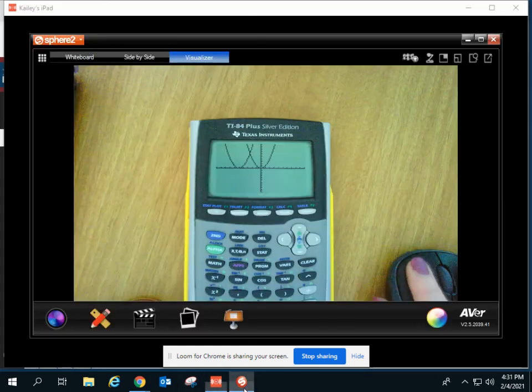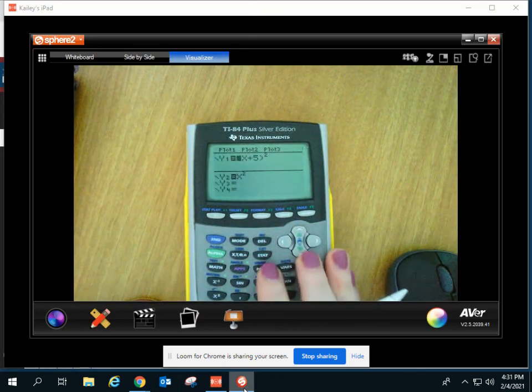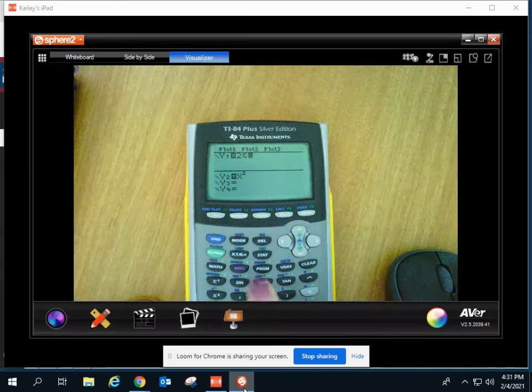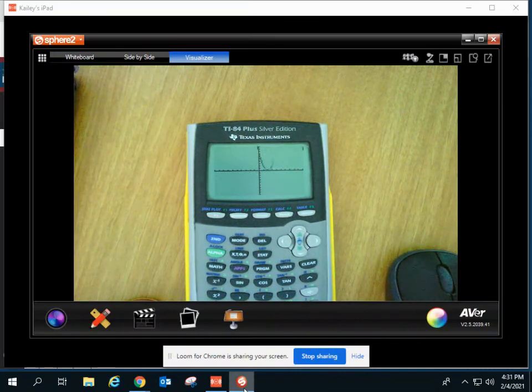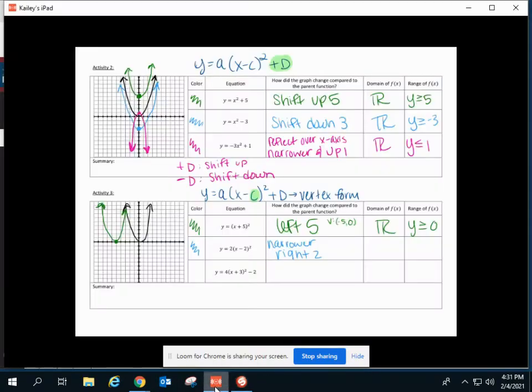Let's graph it really, really fast. You can just watch me do it this time. Okay, so 2(x minus 2) squared. Graph. There it is. It moved to the right 2 units, and it does look a little narrower. So that's what we're going to sketch.